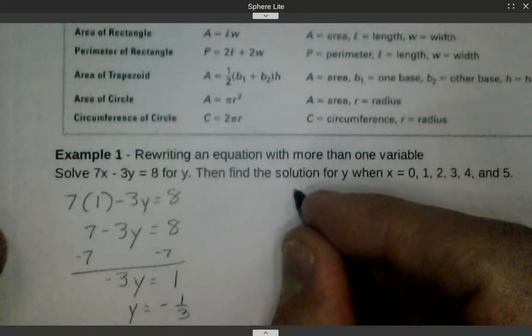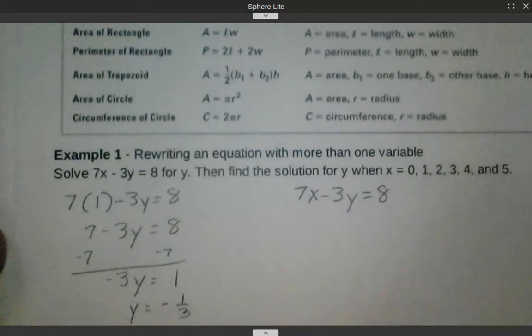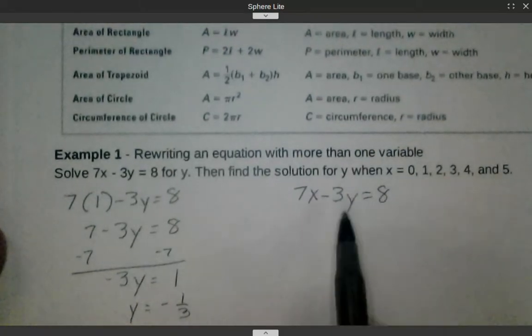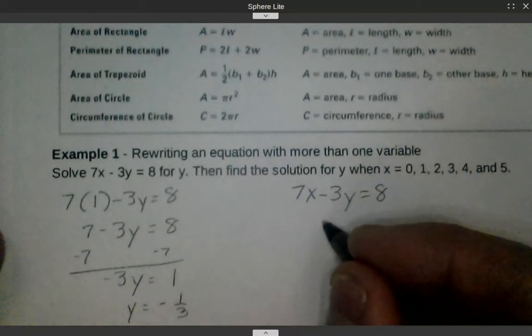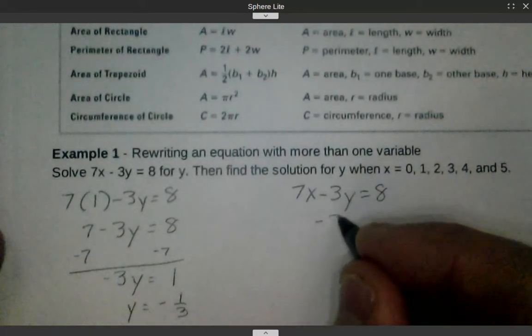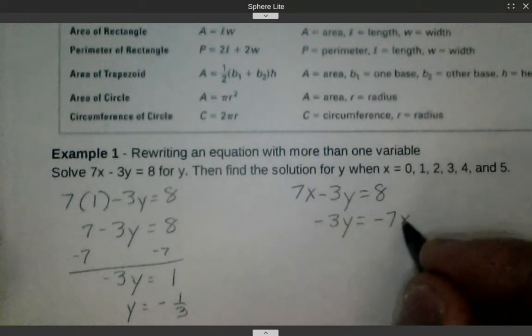So instead, what we want to do is take our original equation and adjust it so that we get y by itself, because that way we can plug in x really quickly. So if I do this, I'm going to have negative 3y equals negative 7x plus 8.